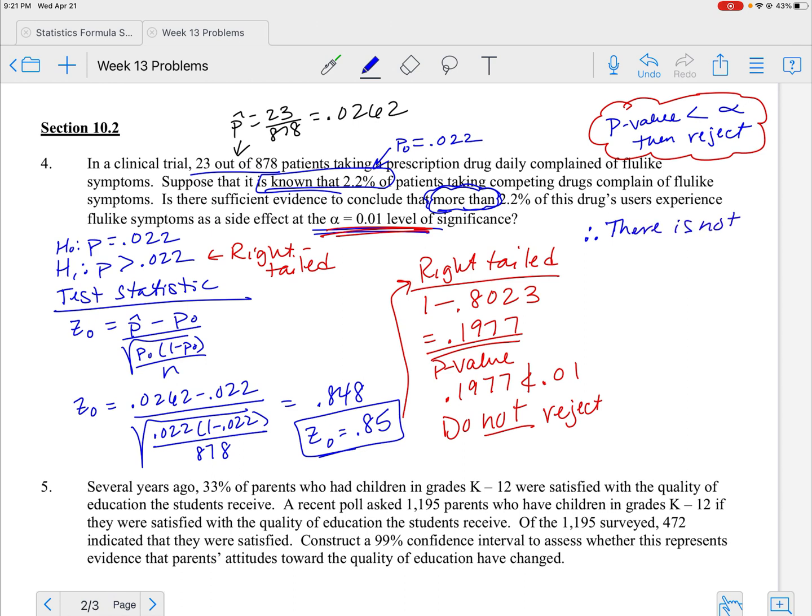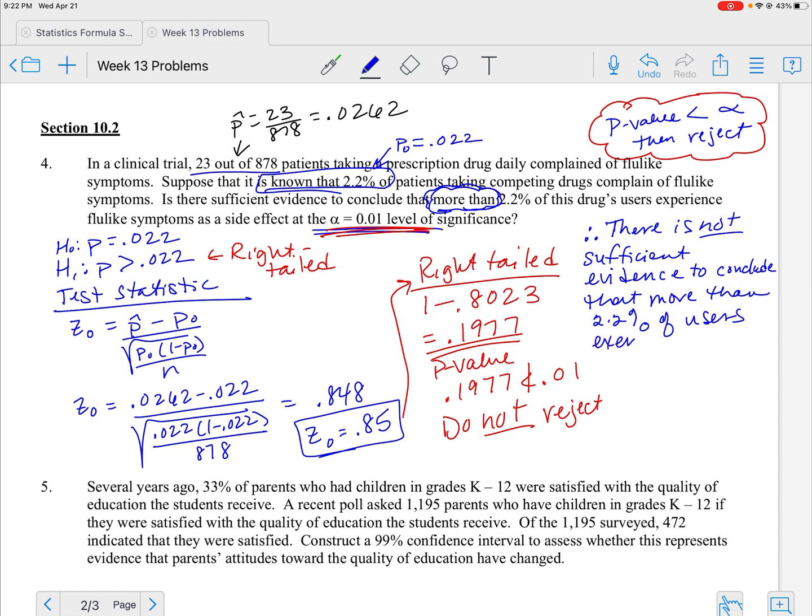Therefore, there is not sufficient evidence to conclude that more than 2.2% of users experience flu-like symptoms.